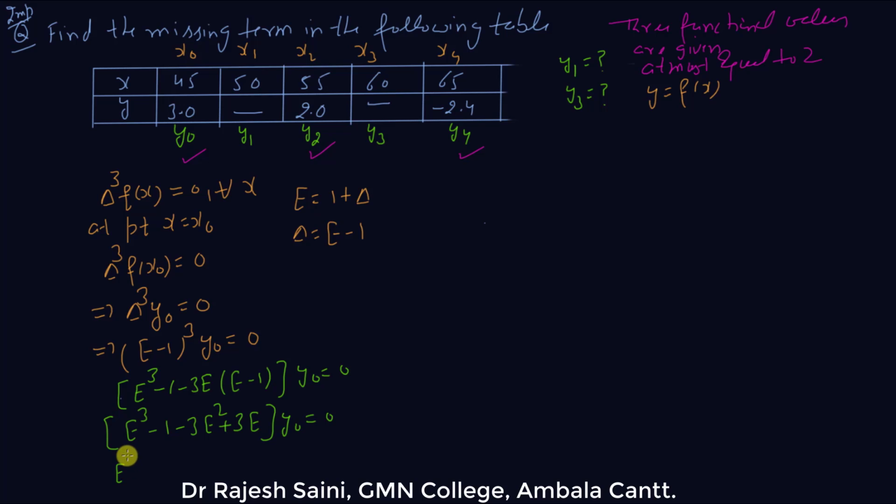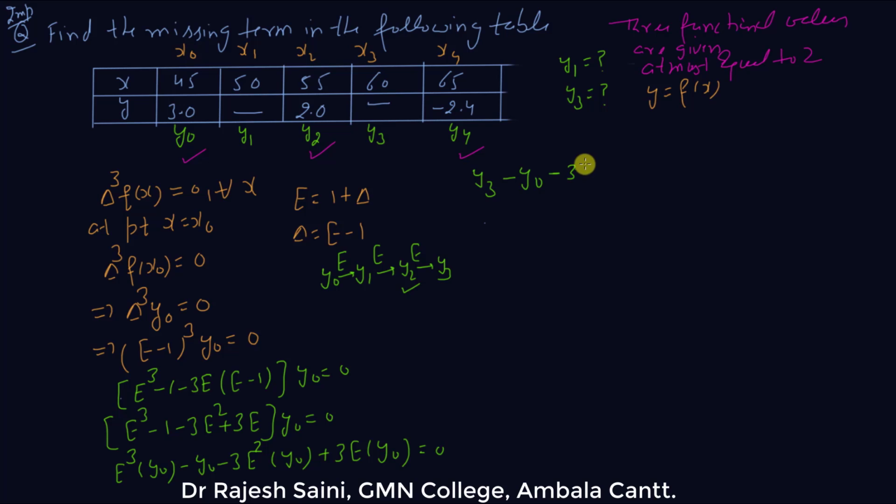So this will be E cube y0 minus y0 as such minus 3E square y0 plus 3E y0 equal to 0. Upon 3 times application, y0 will go to y3. So I write y3 minus y0, and upon 2 times it will go to y2, minus 3 y2 plus 3 y1 equal to 0.